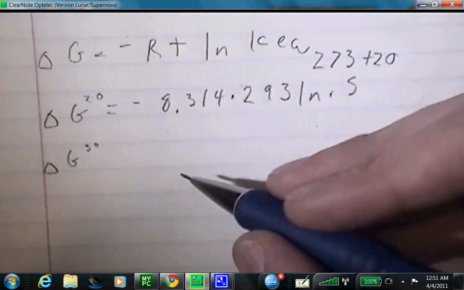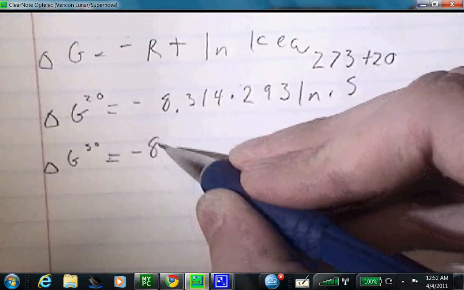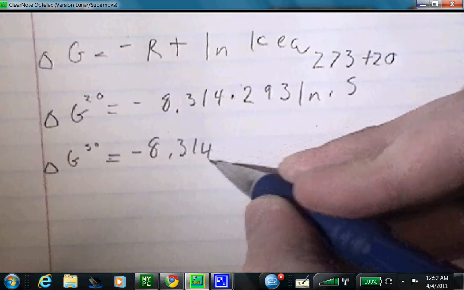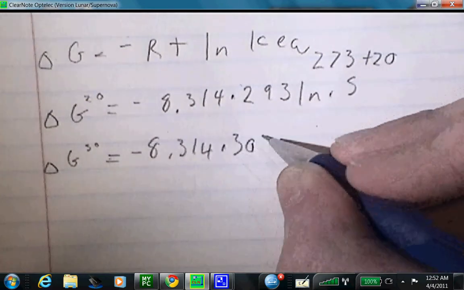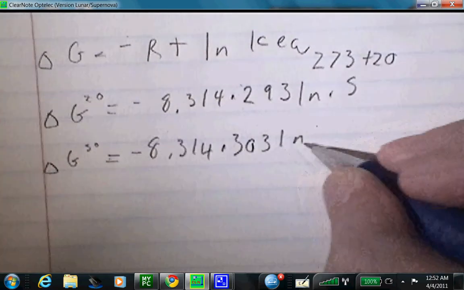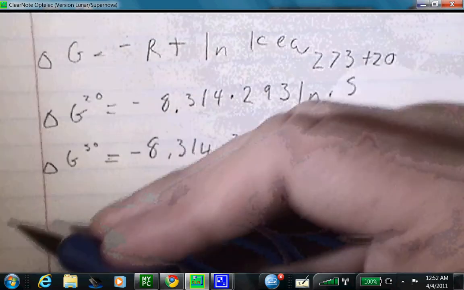That was our KEQ given to us. And the other is negative 8.314 times 303 times ln 10, which was also given to us.